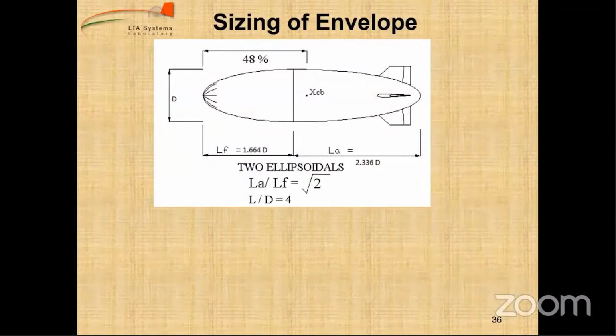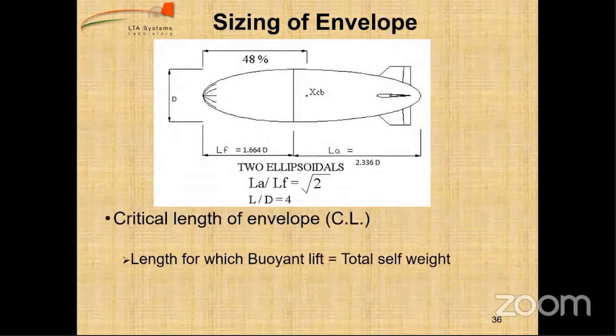So sizing of the envelope can be seen here. When we size the envelope, we have a very important term, which is known as the critical length of the envelope. As I mentioned at the time of static heaviness, the desirable thing we need is that lift minus weight should be equal to the payload.